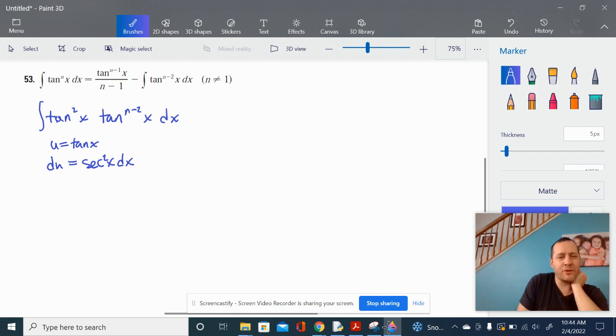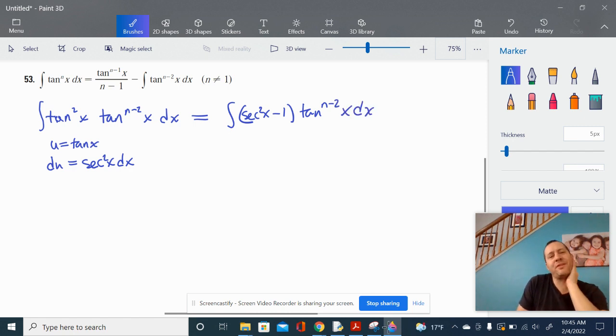There is something else we're going to have to do first, though. This has to turn into this, right? We're going to use the Pythagorean identity. Tangent squared of x equals secant squared of x minus 1. Still that's not quite there because our du is secant squared of x dx, not secant squared of x minus 1 dx.